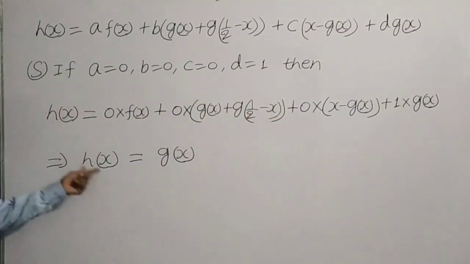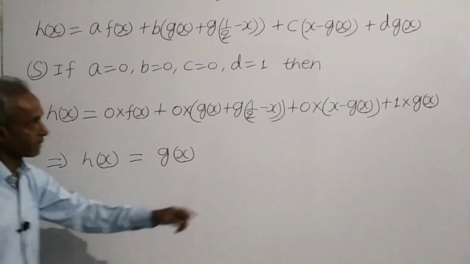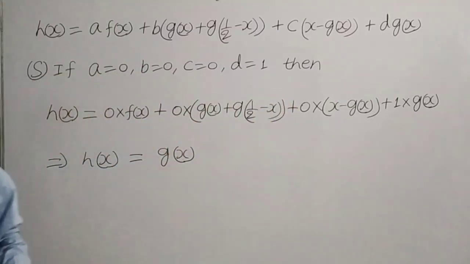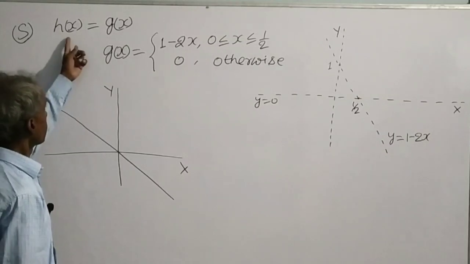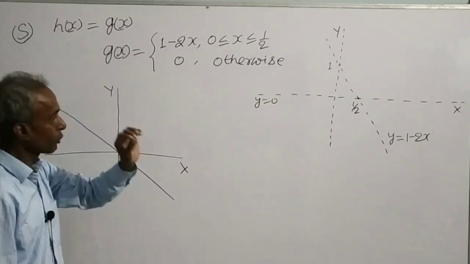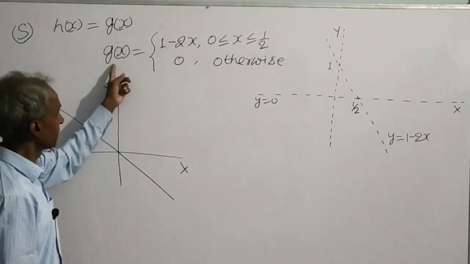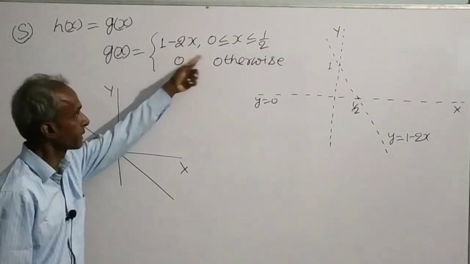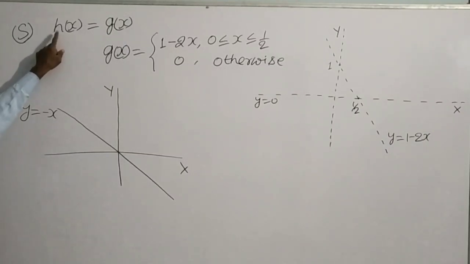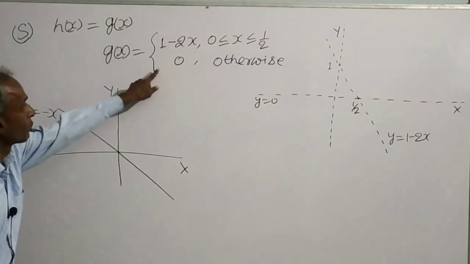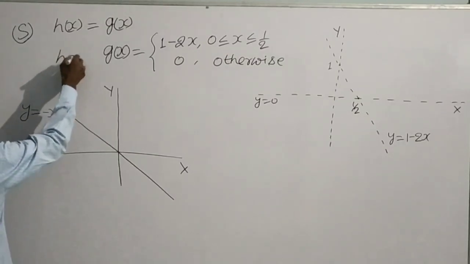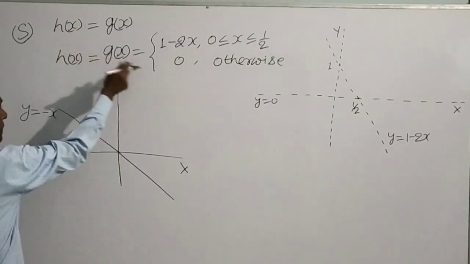Then we get h(x) is equal to g(x). Since h(x) is equal to g(x), but in the question it is given that g(x) is equal to this function, that means h(x) will be equal to this function.